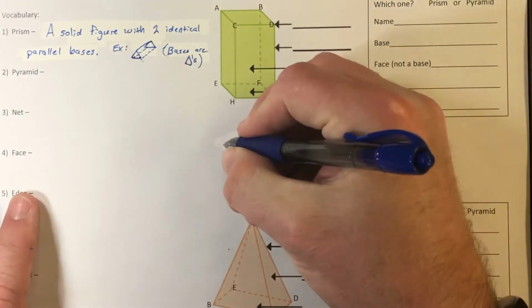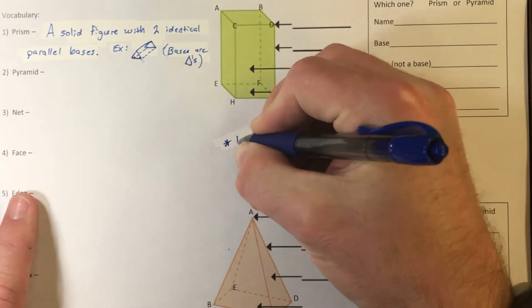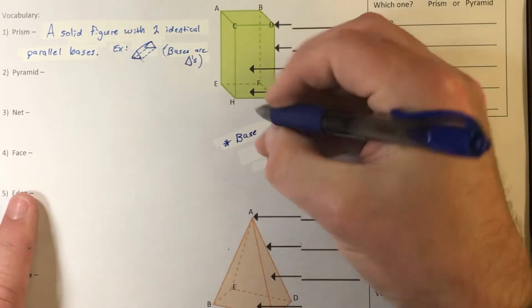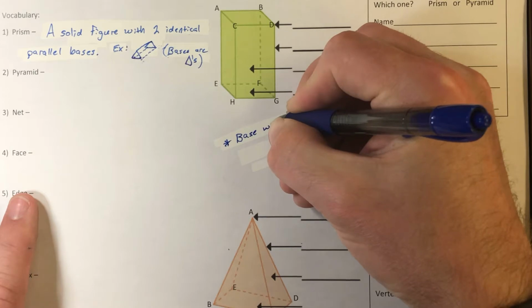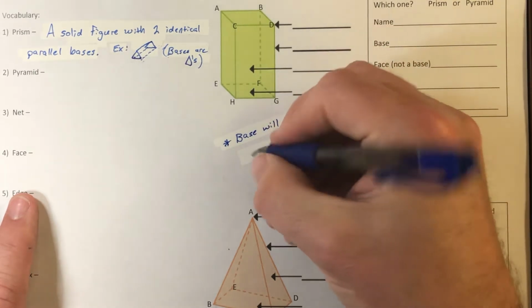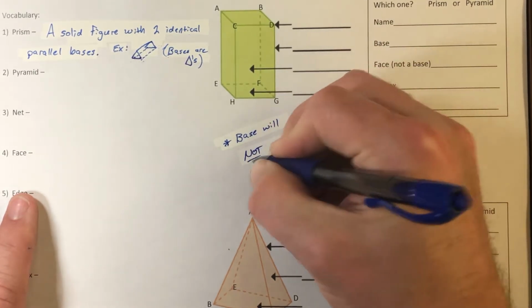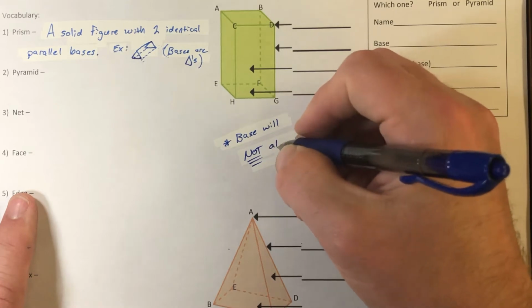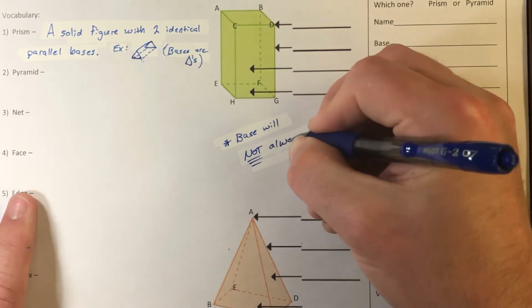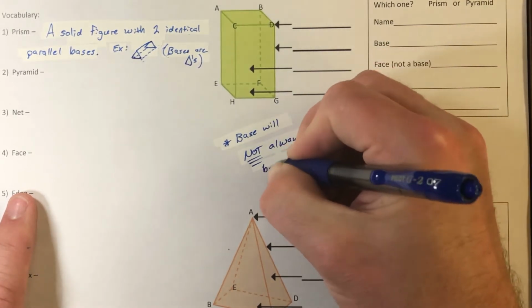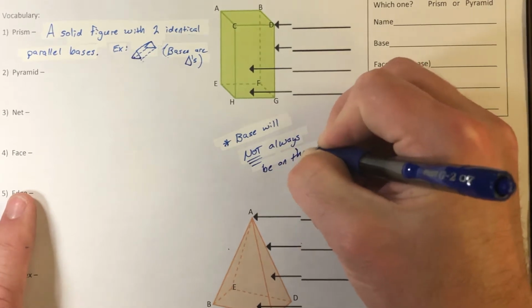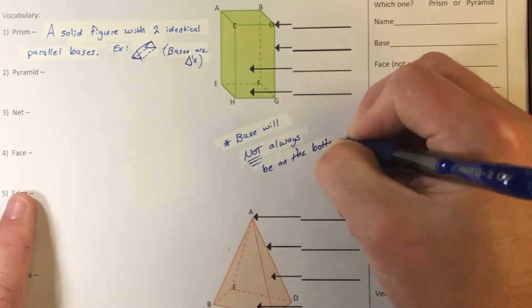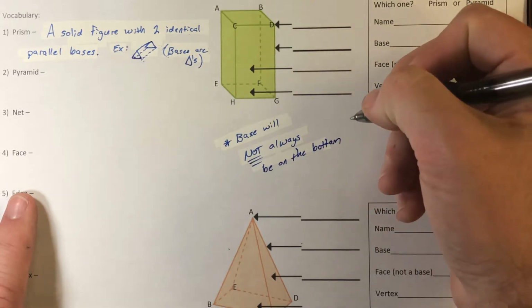So we're going to make a note that the base or the bases will not always be on the bottom. Why is that? Because you might turn the shape on its side.